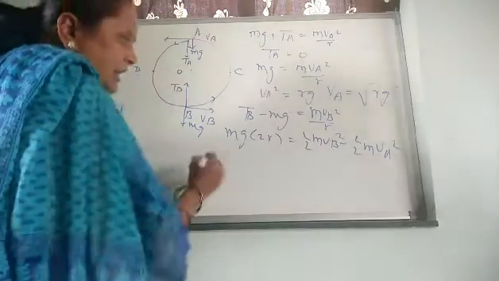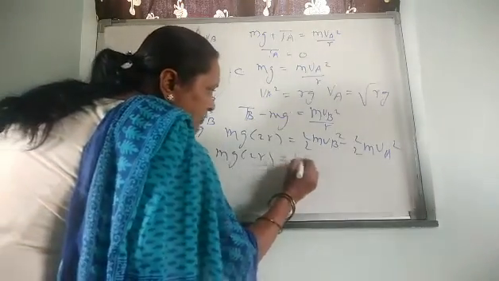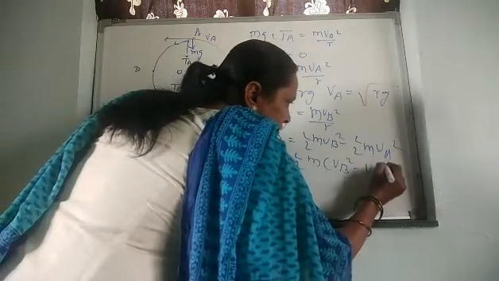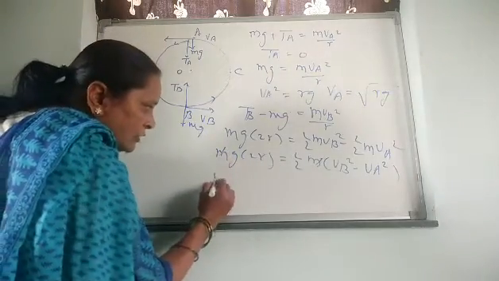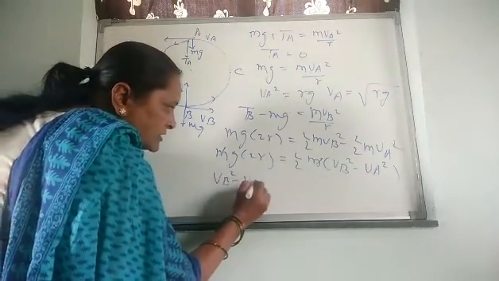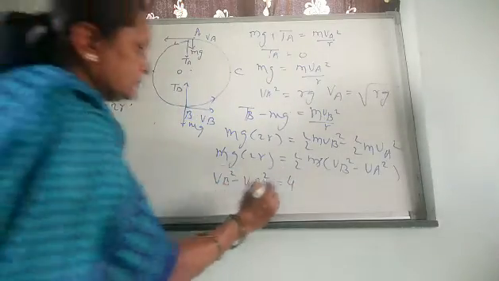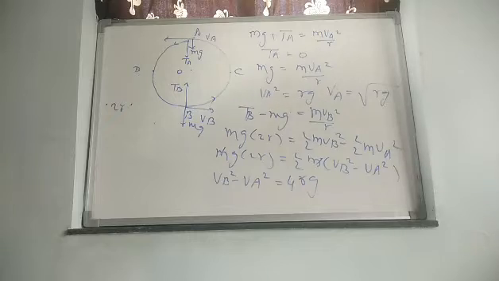Taking m common, mg into 2r is equal to 1/2 m (vb square minus va square), so vb square minus va square is equal to 4rg.